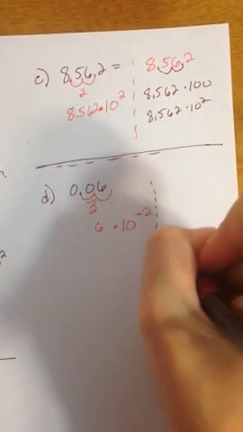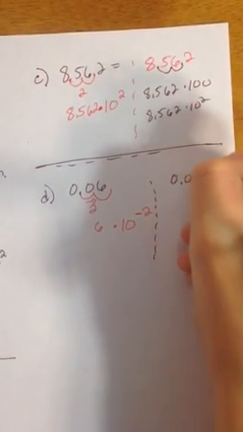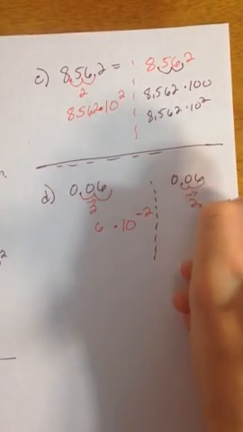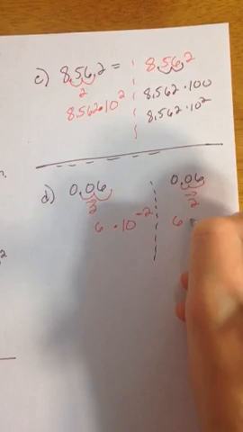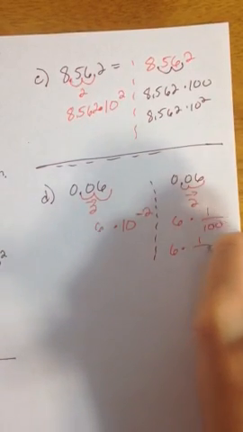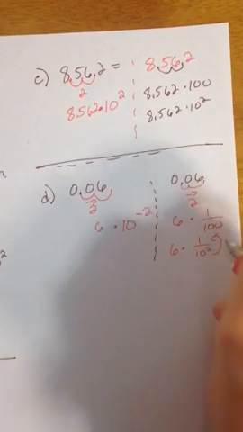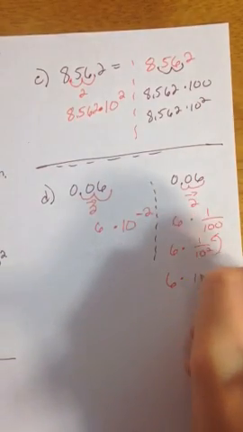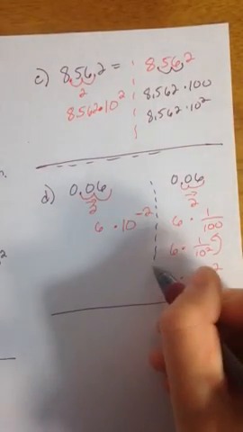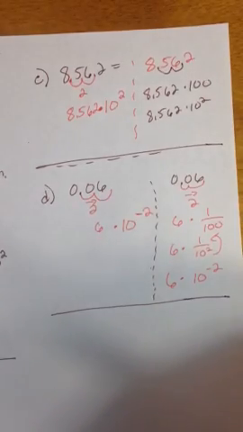And if you prefer it this other way, I'm moving it over 2. So that really means I'm dividing it by 100, which is really 1 over 10 squared. And since it's in the denominator, I can have negative exponents here, so it's 10 to the negative 2. Again, I don't care which way you show your work on that. You just need to show me that you know how to do it.